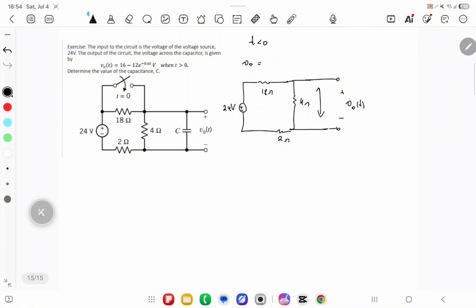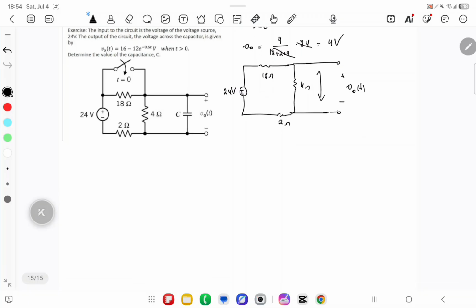So for that I can use voltage divider rule multiplied by 24, and as a result I will get that my V0 is equal to 4 volts.